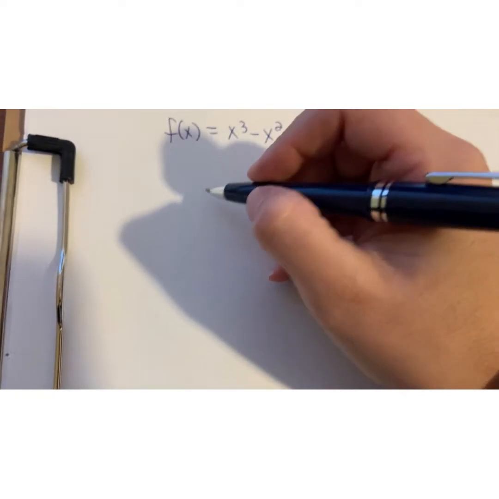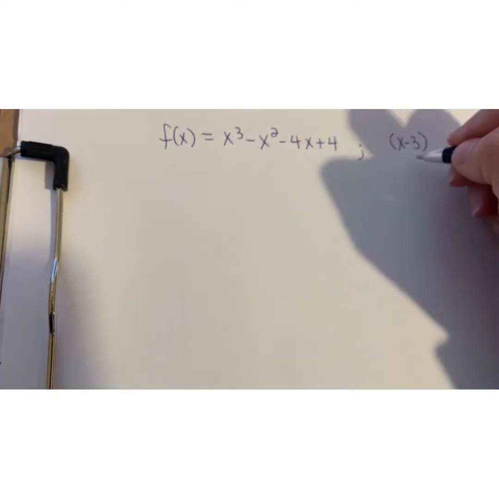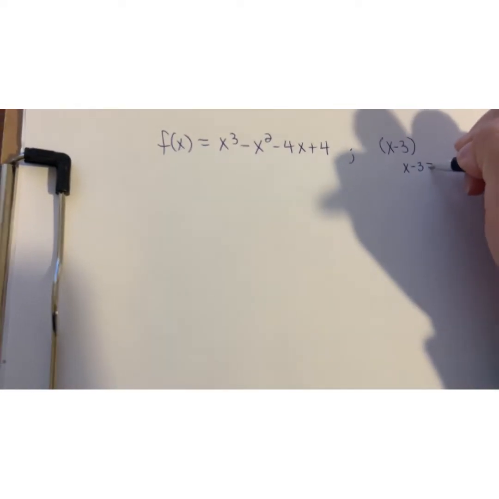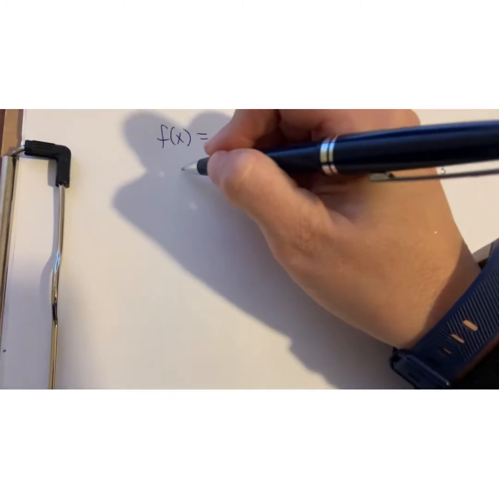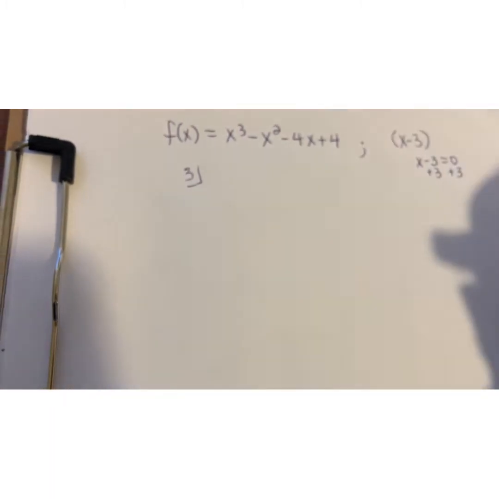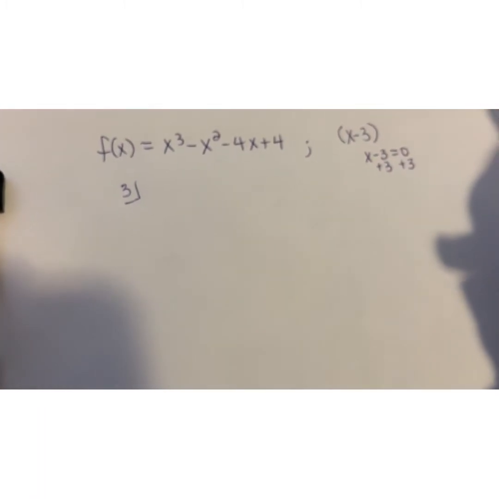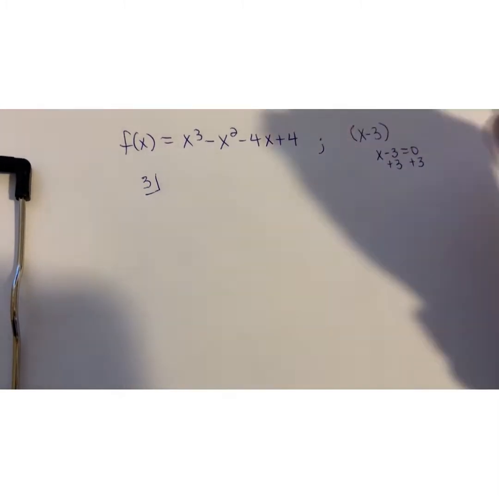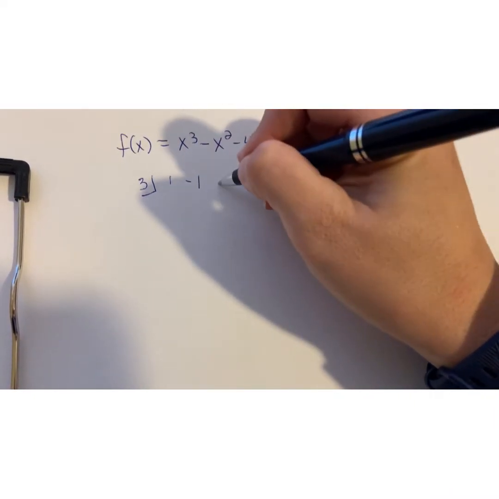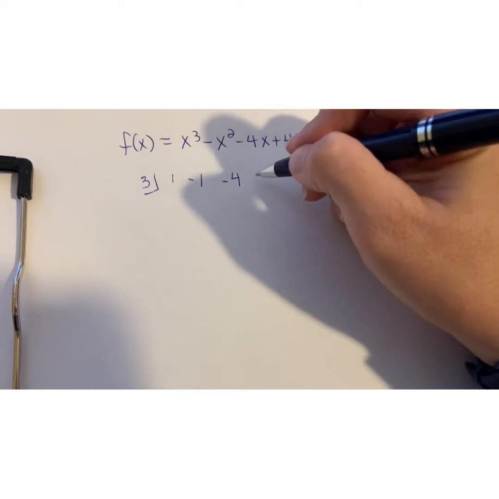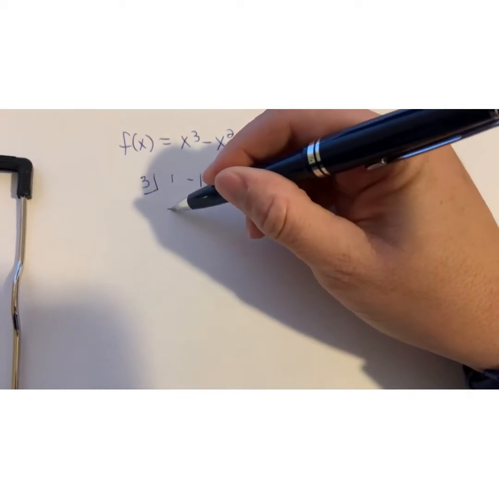So I'm going to take this. I'll bring my camera back a little bit. All right, so I'm going to set this equal to 0 and use a positive 3 in my synthetic division setup. So I'll use 1, -1, -4, and positive 4.